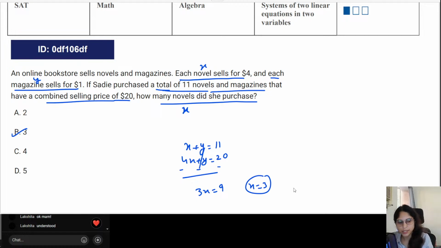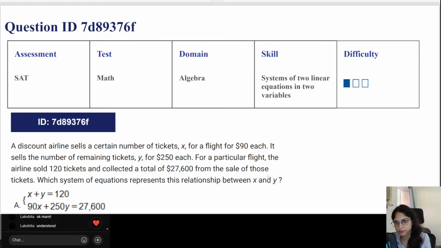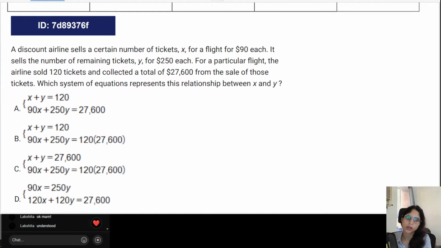Question number 61 is the next one. So a discount airline sells a certain number of tickets X for a flight of $90 each. Certain number of tickets X, $90 each. Sells the number of remaining tickets Y for $250 each.